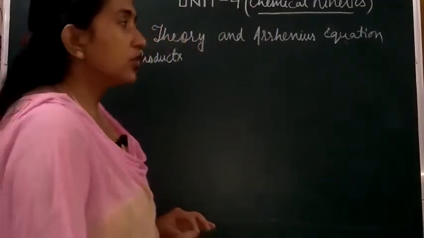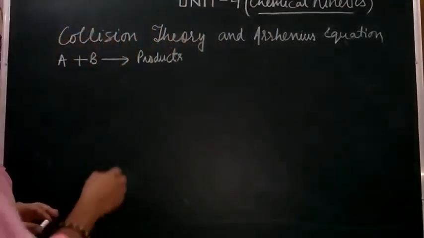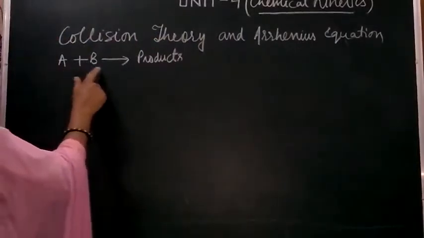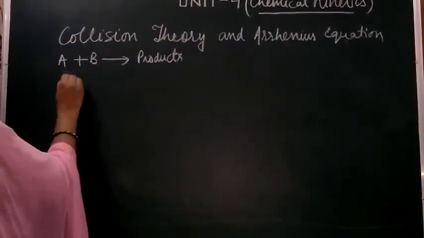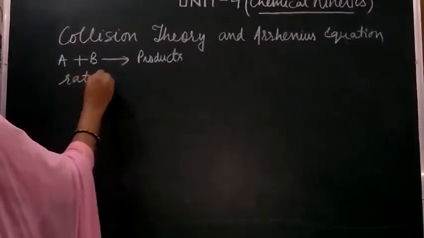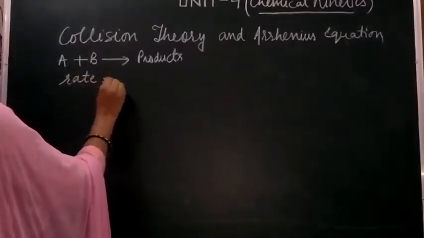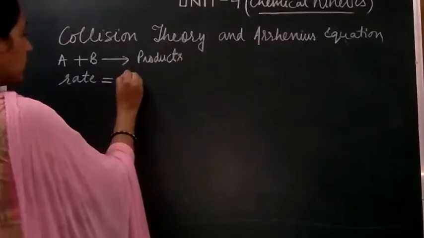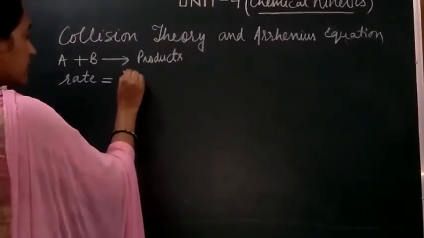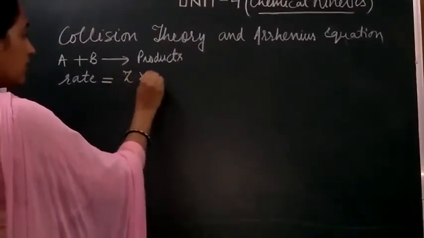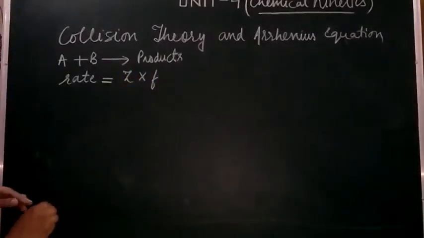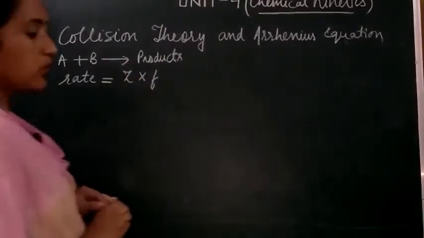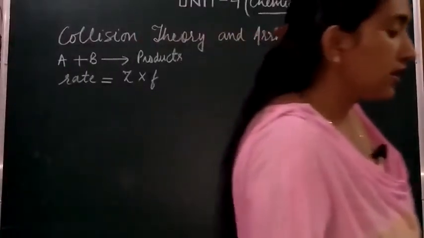So from the collision theory, if we try to write down the rate of the reaction for this given bimolecular reaction, the rate of reaction will be equal to Z into F. Now students, what is F here? F was the fraction of the molecules which will undergo the effective collision.